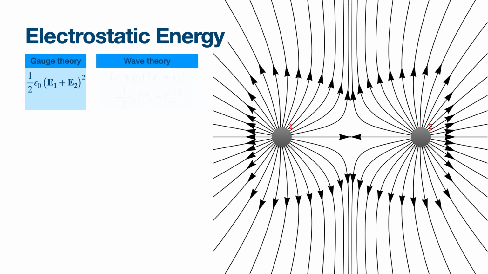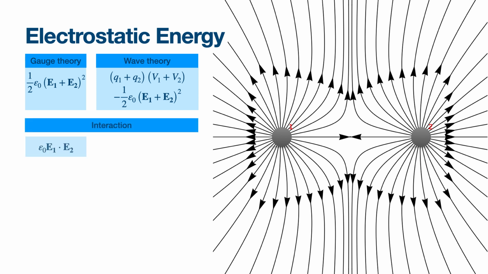In the wave theory, the source contributes the potential energy and the field minus half E square. Disregarding the self-energies, the energy distribution is E1 times E2 for the gauge theory. For the wave theory, it is Q1 V2 plus Q2 V1 minus E1 times E2.